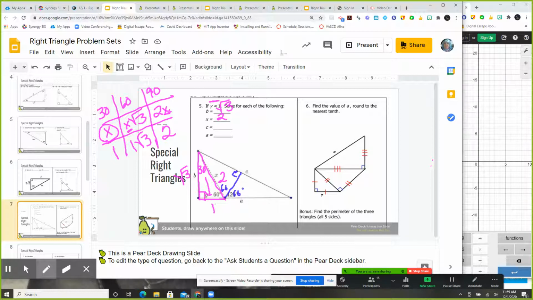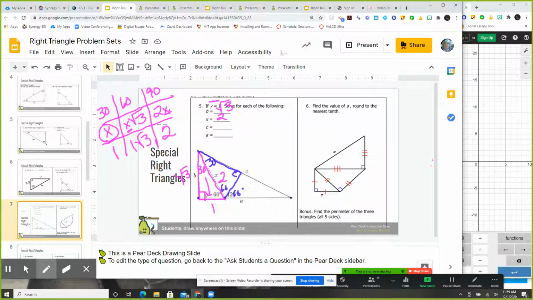So if we know that the 120 we can cut in half to get 60 and 60, and we know that it's a right triangle, then what is this acute angle up here? You should feel smart.